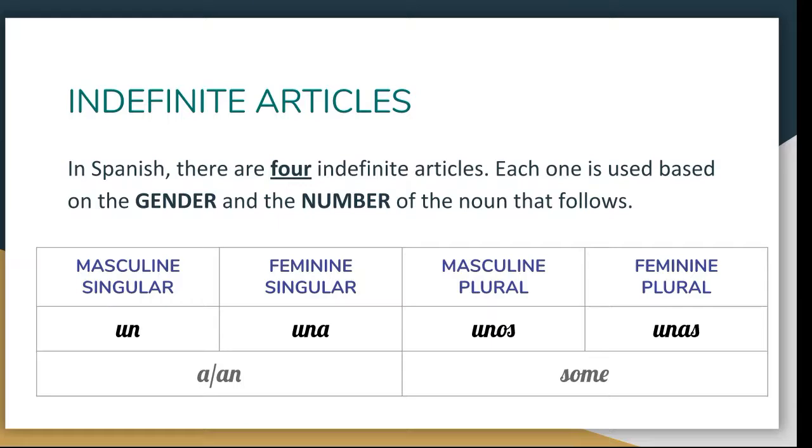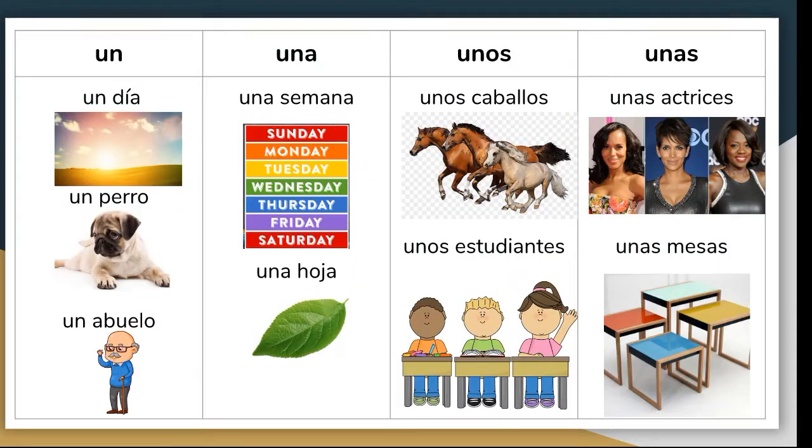Alright? So let's see some examples. Under un, we have un día, un perro, y un abuelo. These are all words that are masculine in Spanish, and so we use un. They're also singular. Una.